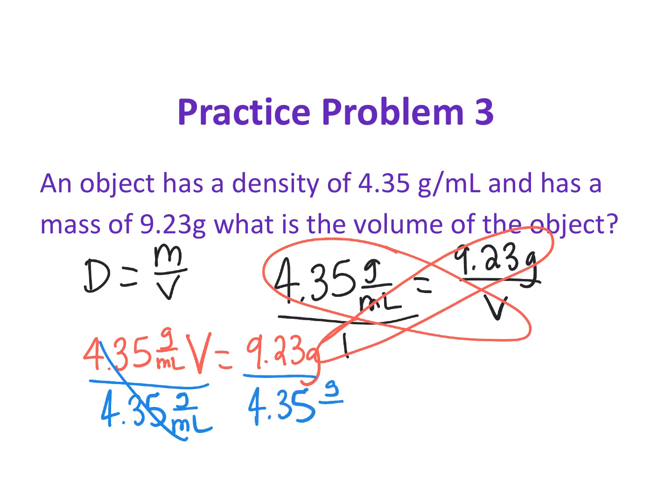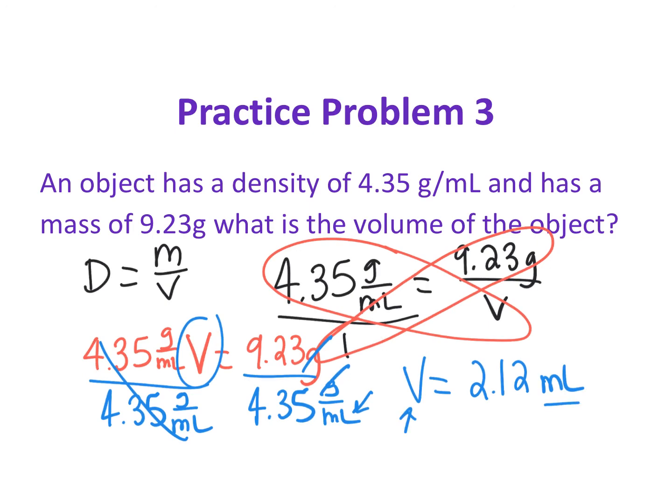So we have 9.23 divided by 4.35, and we get that our volume, V, equals 2.12. Let's check our units. We have grams here, so we can cancel those out. Milliliters, and we know that our volumes are always measured in milliliters, so this is our correct answer.